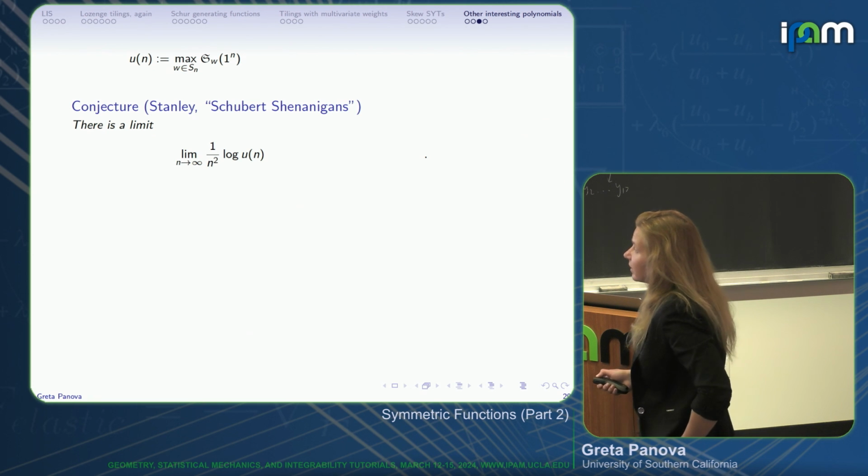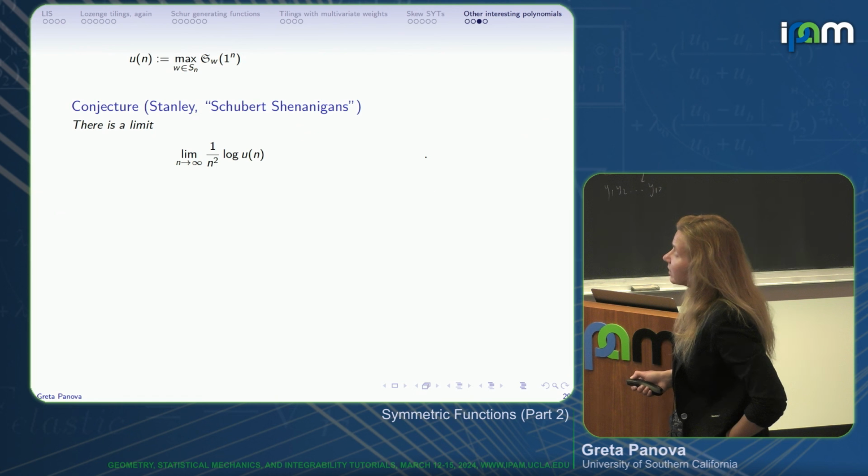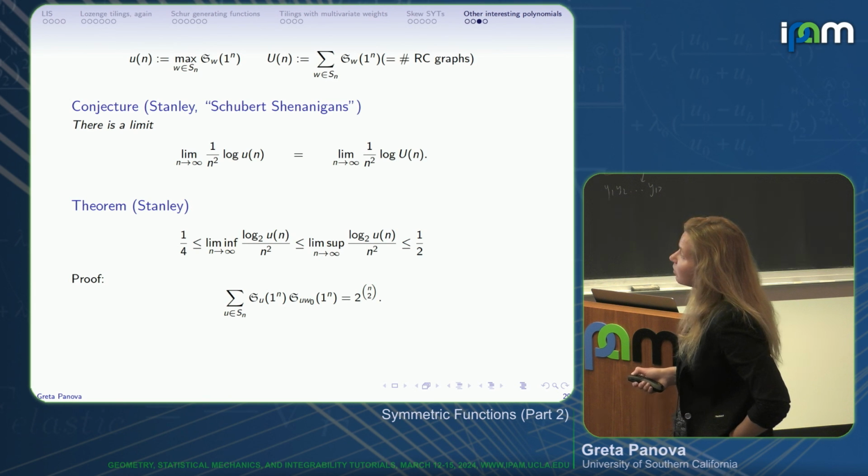So that's the right order to look at. But is there actually a limit of this thing? Because the number of permutations is just n factorial, which is much smaller than e to the n squared, we can just look at the total number of RC graphs. The leading term is going to be the same.